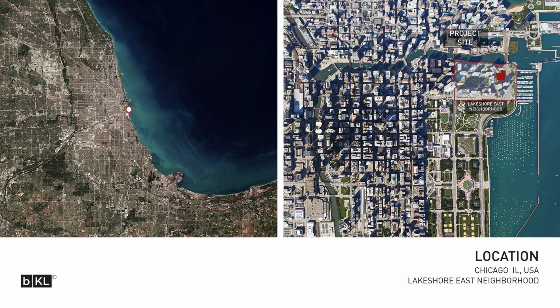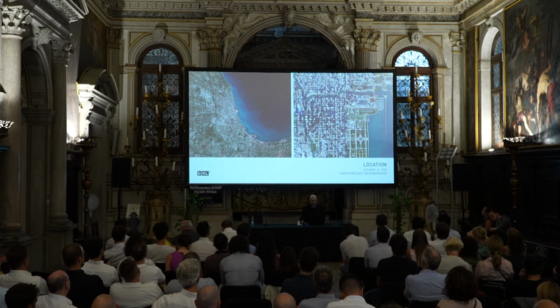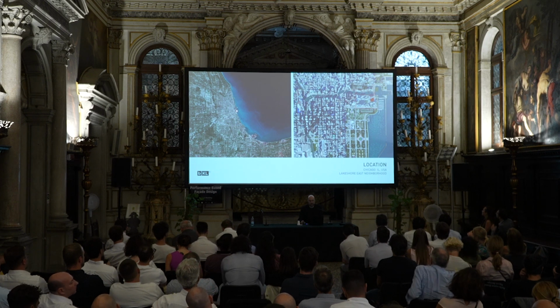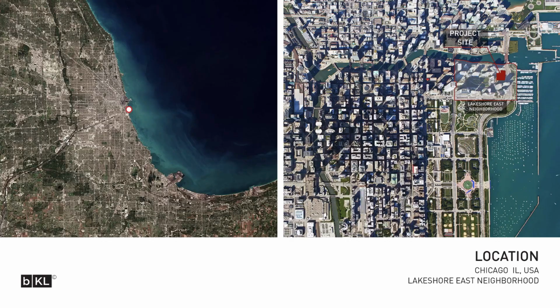In the close-up map, you can see this little red dot, the exact actual project site. Just south of the Chicago River mouth into the Lake Michigan. And it's part of this Lakeshore East neighborhood.